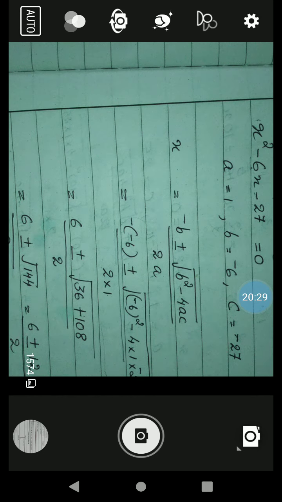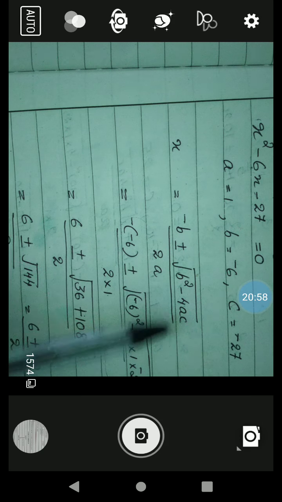Okay, examining the roots of a quadratic equation means to know the type of its roots, that is whether they are real or imaginary, rational or irrational, equal or unequal. And you have to remember this thing also, the nature of roots of a quadratic equation depends on the value of its discriminant, b square minus 4ac.